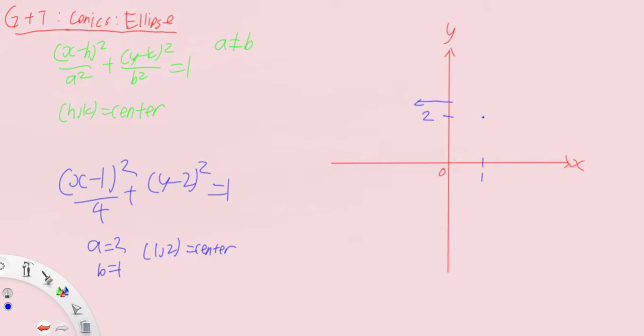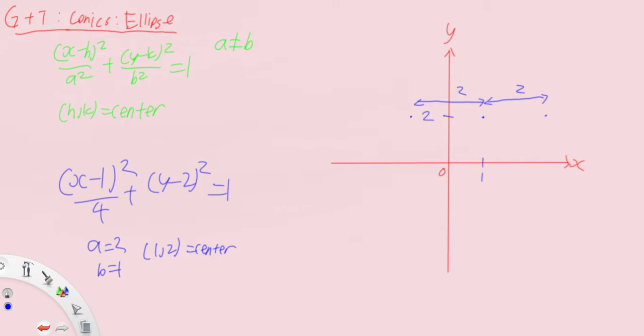From here to here is 2, and this point would be the leftmost point of the ellipse. Similarly, from the center to the rightmost point is also 2, and that will be the rightmost point of the ellipse.